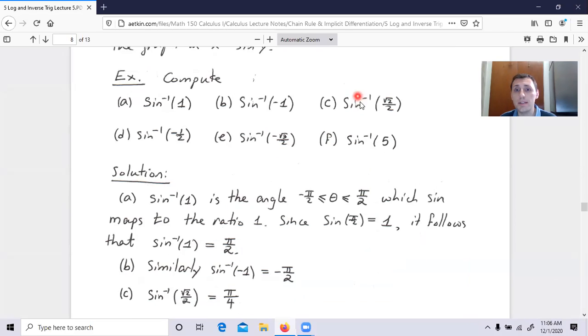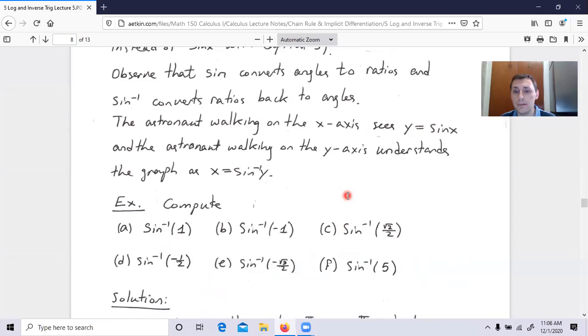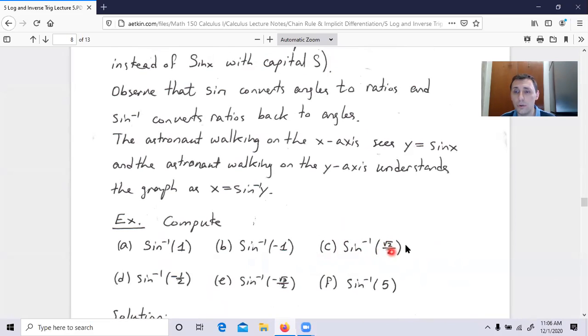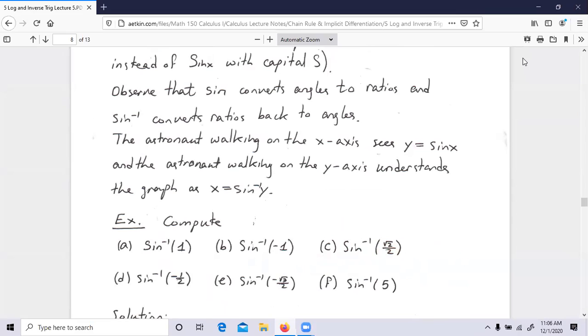Yes? Then, very quickly, guys, what is sine inverse of root 2 over 2? Type in the comments.